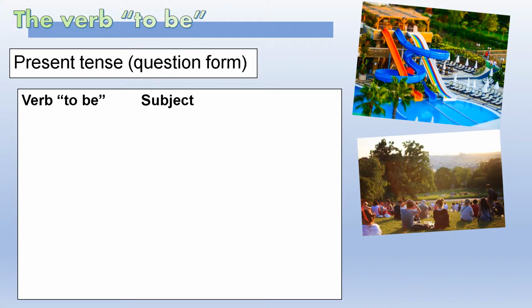In the present tense question form, the verb to be gets put at the start of the sentence, followed by the subject, and then the rest of the sentence. So, am I at the park? Which is followed as well by this question mark.